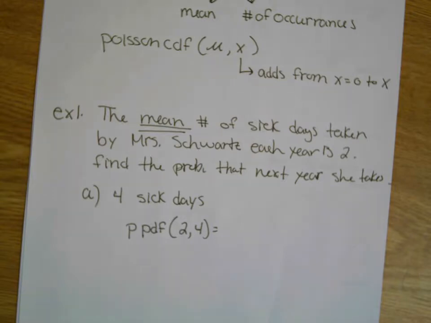Taylor, did you get it? Lambda 2, X 4. That's 4. It automatically puts it in. Your comma's right there. Good.